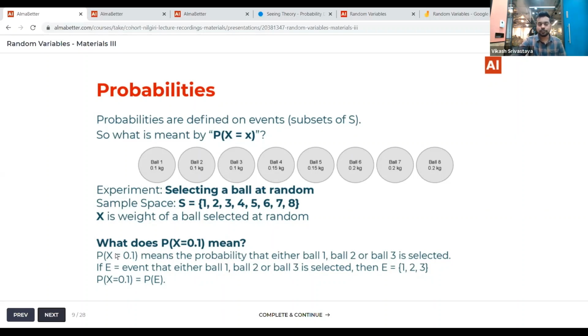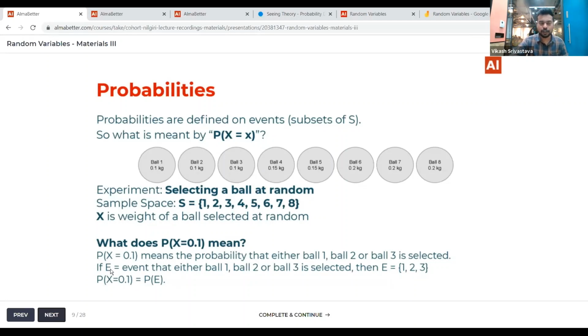When X takes the value 0.1, that is 100 grams, the weight of a ball selected at random is 100 grams. So out of all the possible 8 balls, you can select either ball 1, ball 2 or ball 3, because each of these 3 balls has the weight 100 grams.